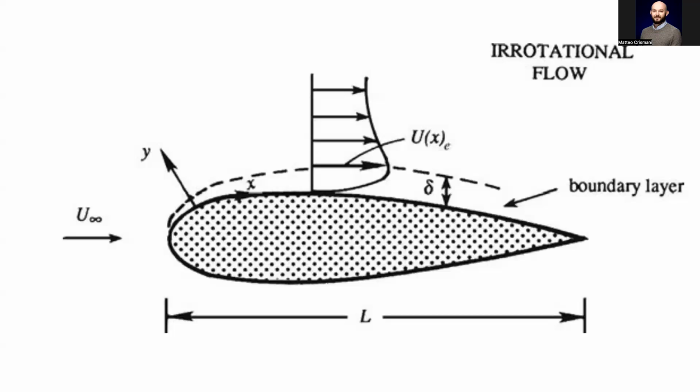Because that's this term plus this, not this one, and this one. And then finally, the very last term is that minus dp/dy equals 0.